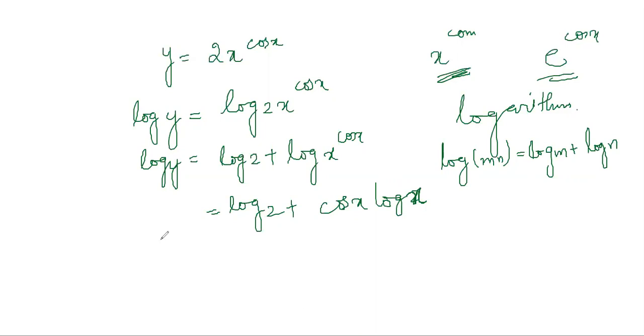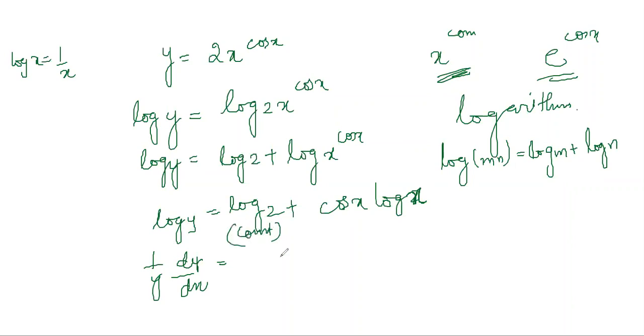Yes, ma'am. When I differentiate, I haven't differentiated till now, I have just opened the logs. Now when I differentiate, log x differentiation is 1 by x. So here it becomes 1 by y dy by dx. What will be the value of log 2? It's a constant, right? It becomes 0. Then plus, we have cos x log x.